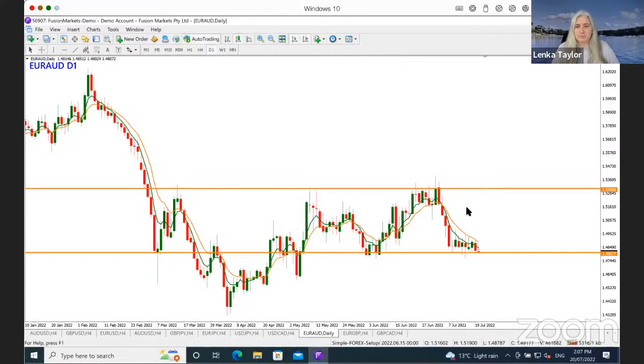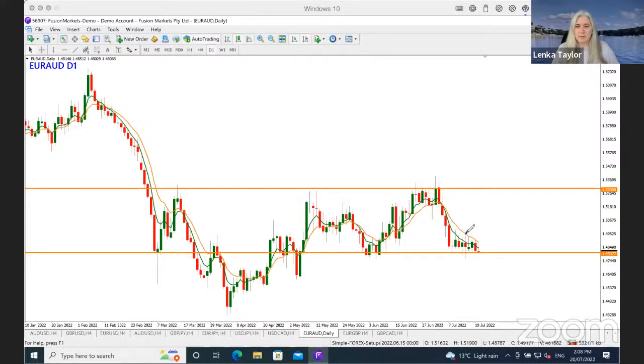What are the options? Either the price is going to turn and go back up to the top of that channel, or the other option is that it's going to break below and then continue on a downward trend. So we need to have a look and see where that price is going to break.